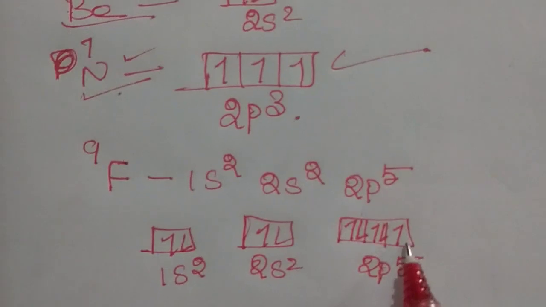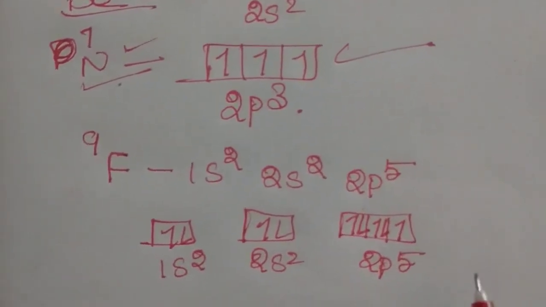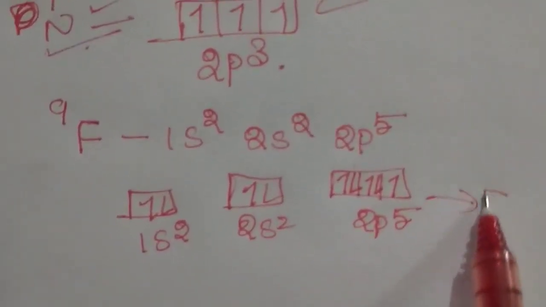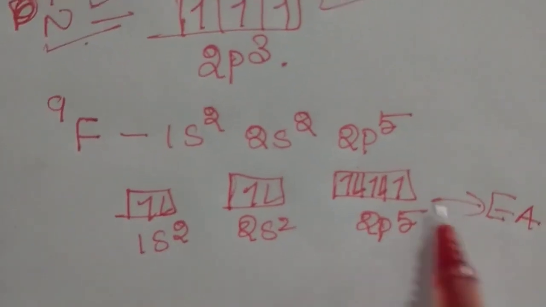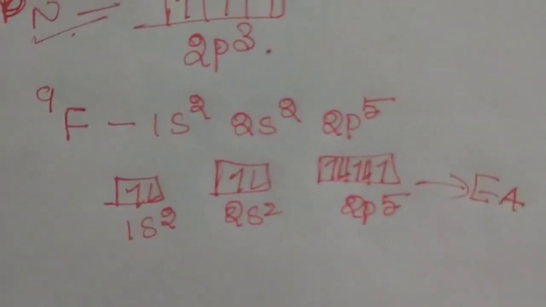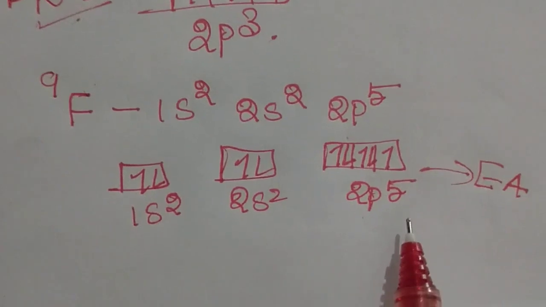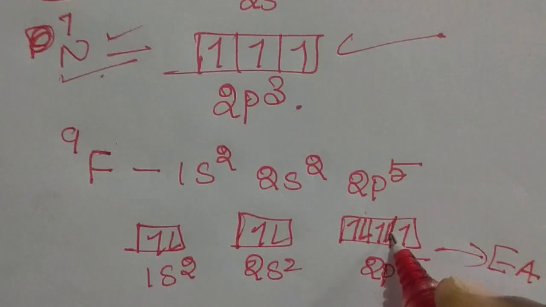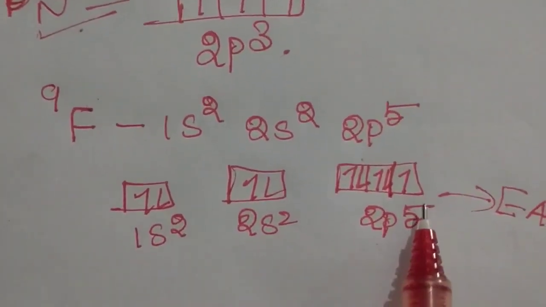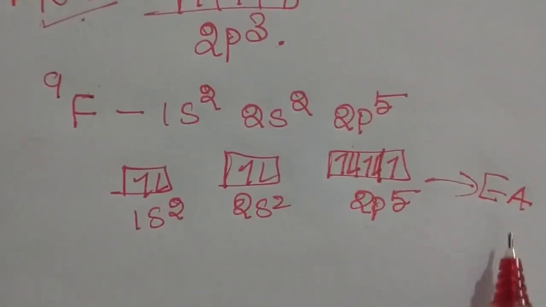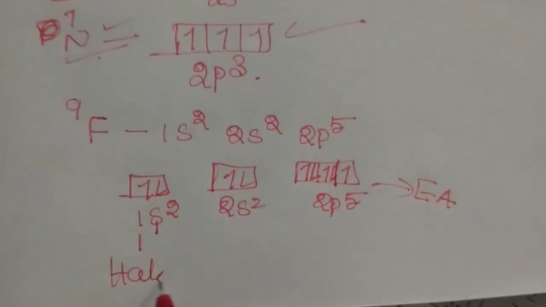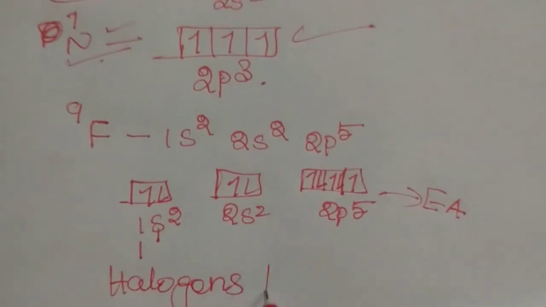They have only one vacant place to fill an electron. So this type of element has more electron affinity, because by getting one electron they will be stable. That's why they require one electron. So the electron affinity of halogens is generally greater.